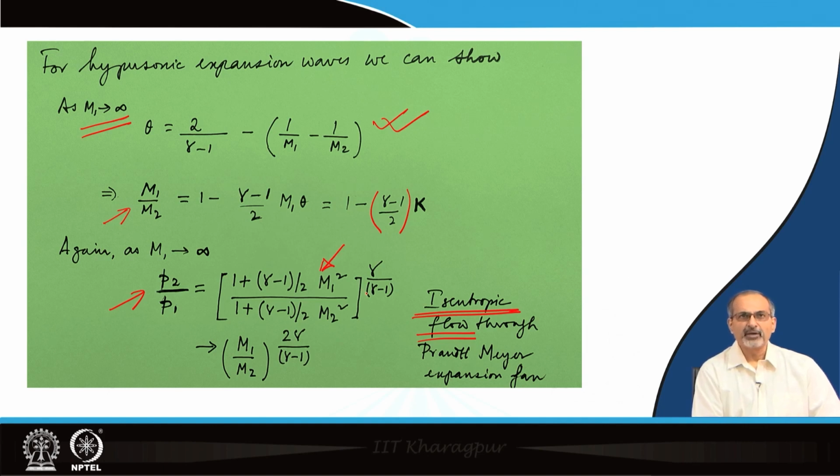where P2 by P1 is nothing but 1 plus (gamma minus 1) by 2 into M1 square on top and M2 square at the bottom, the whole raised to the power of gamma by gamma minus 1. This is true for isentropic flow between two regions 1 and 2, and as M1 tends to infinity, it would simplify to a form like this.